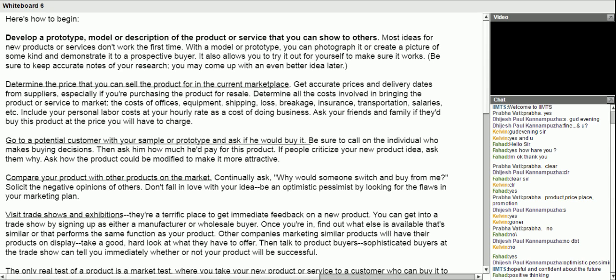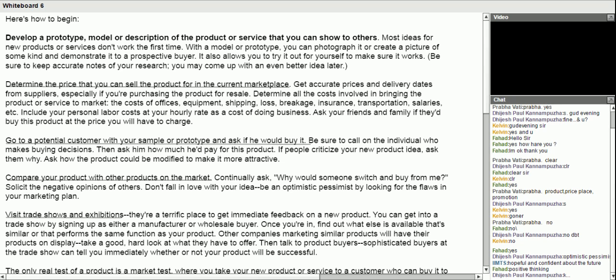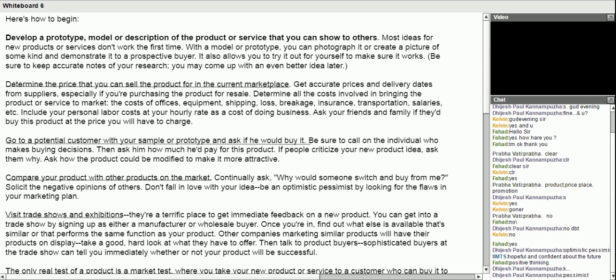Clear, Prabha? Sorry, Dijesh, clear? It's pessimistic, not pessimist.